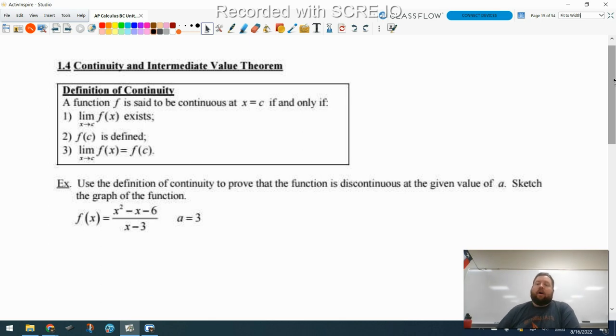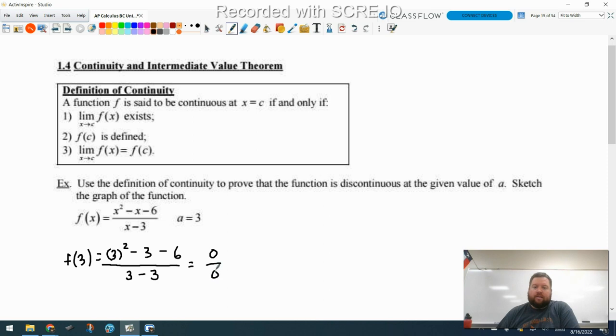Okay, so I'm going to start out with f of c is defined, and right away I'm going to run into a problem here. So I'm going to do f of 3. That's going to be 3 squared minus 3 minus 6 over 3 minus 3. That's going to give me 9 minus 3 minus 6, so that's 0, and then that's 0.